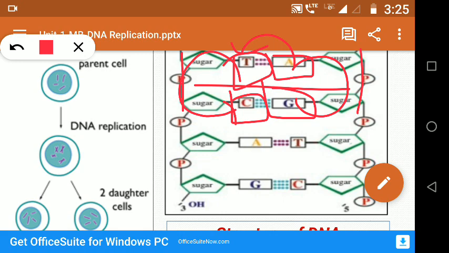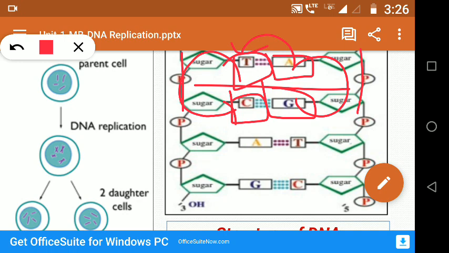So this is the double helical structure of DNA. The main important thing is A interacts with T and G interacts with C. These are called base pairing rules. These base pairing rules are very much essential for the replication process.